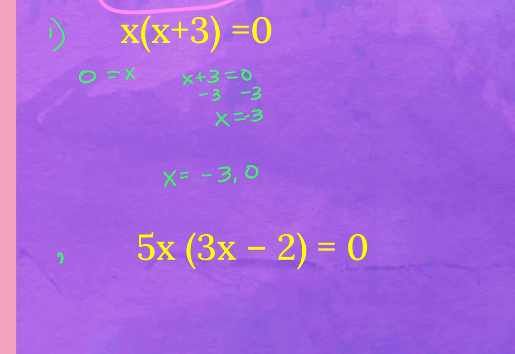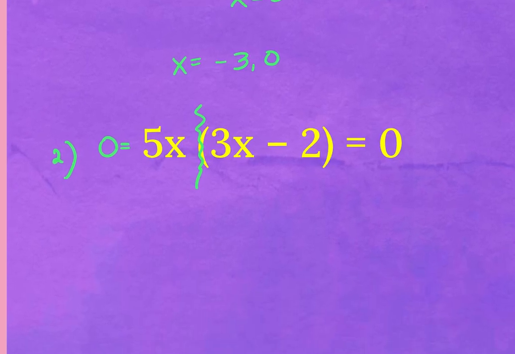Go to 2. Again, already set equal to 0 and already factored. So split and solve. Set 5x equal to 0 and set 3x minus 2 equal to 0. So if I want to isolate the x on the left, what do I do? Good.